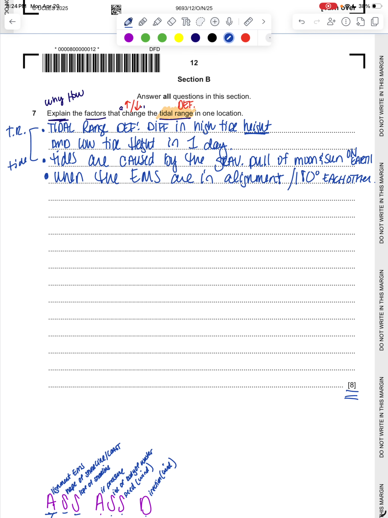I'll finish what I was saying. I'm just by nature going to start off with something that's going to make the tidal range really large. This question does not say you have to talk about making the tidal range its highest. It just says a change. So I could also say the reverse argument. I'm just gravitating towards things that are going to make the tidal range large.